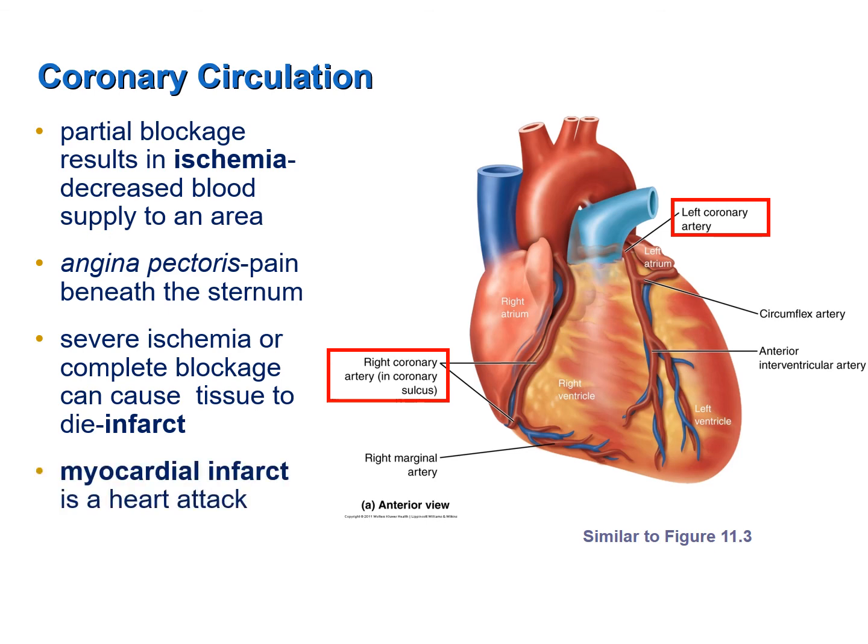Specifically in the heart, it's called a myocardial infarct, or MI, and a myocardial infarct is a heart attack. When cells of the heart die, the heart is weakened as there are fewer cells available to pump blood.